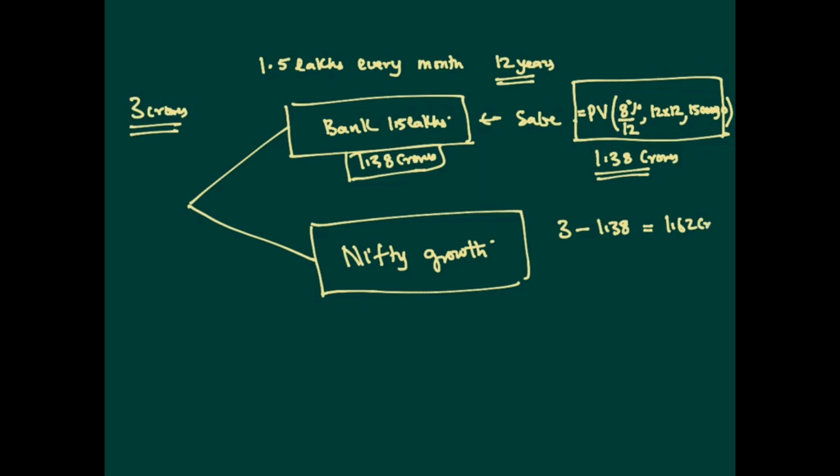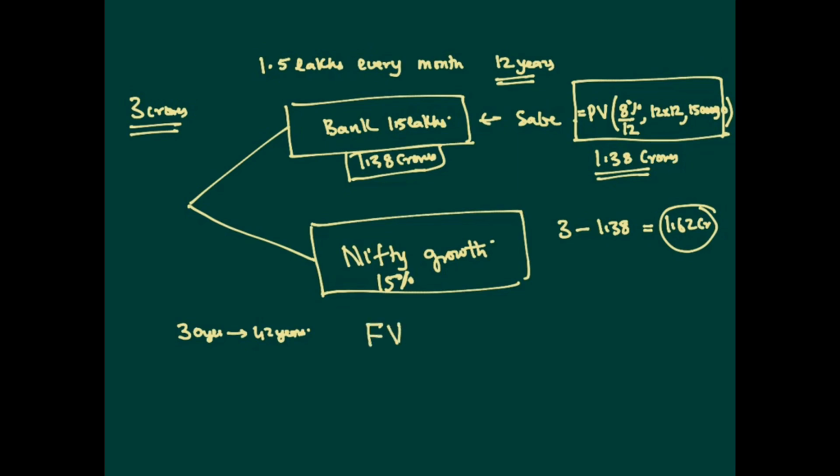1.62 crores you have. Now this 1.62 crores, you put it in Nifty, and Nifty is going to give you, say, 15% compounded growth. So when you put, let's see what is the future value. That means after 12 years, that is today you are 30 years, after 12 years you will be 42 years, on your 42nd birthday, how much money you will get?